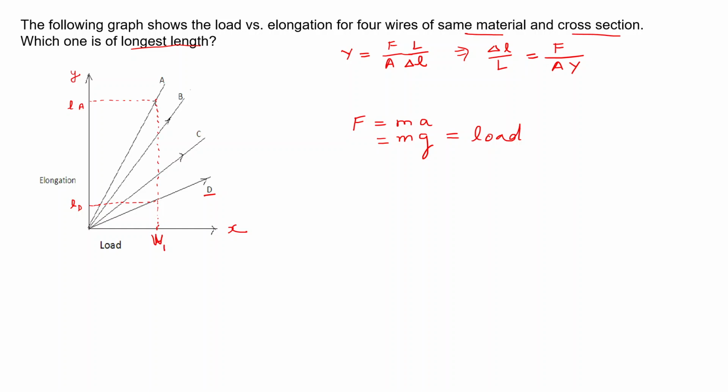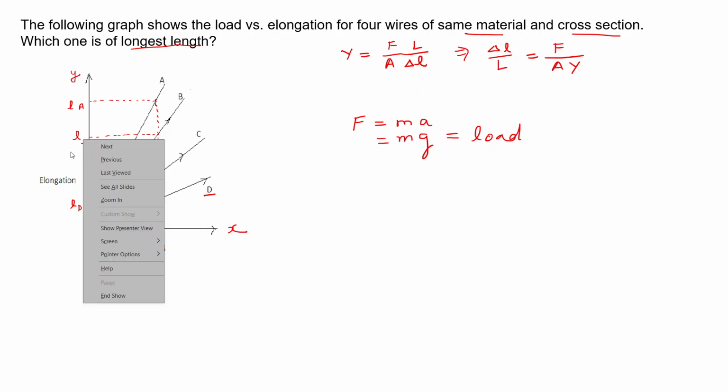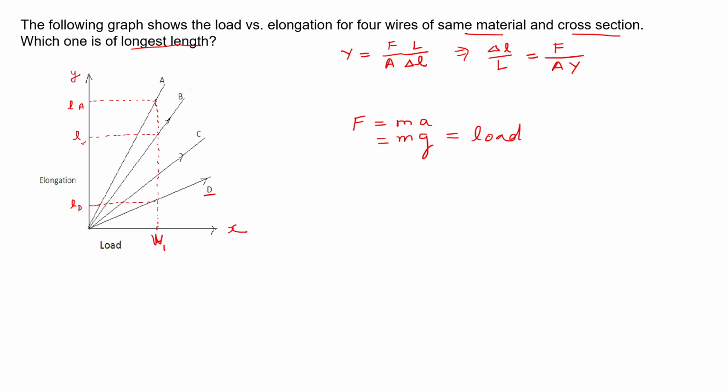Similarly, if you see this particular value on the x-axis, it's cutting the slope here, and the corresponding y value will be the elongation caused in B wire.